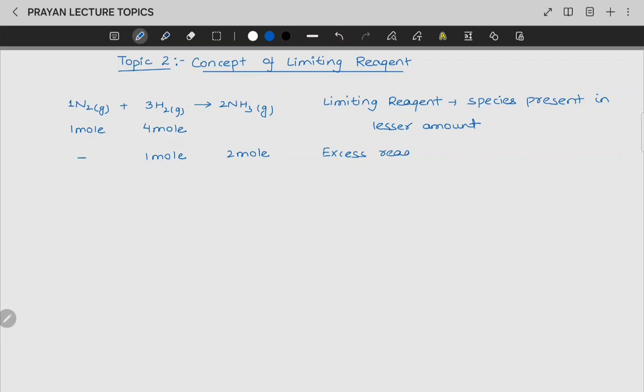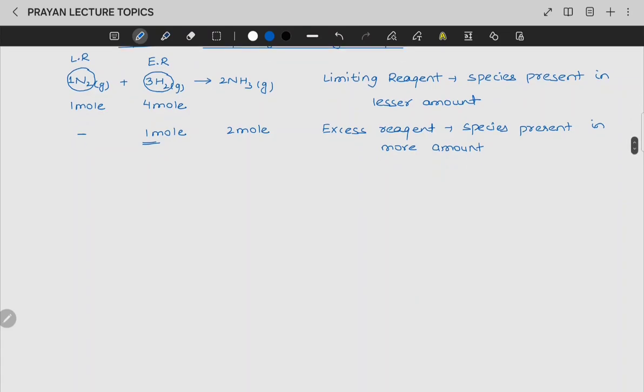So the excess reagent is the species present in excess or more amount. In the example I have taken, N2 is our limiting reagent and H2 is our excess reagent. Now they can also ask how much excess reagent will be left once the reaction is over. We can see in this case 1 mole of excess reagent is left.